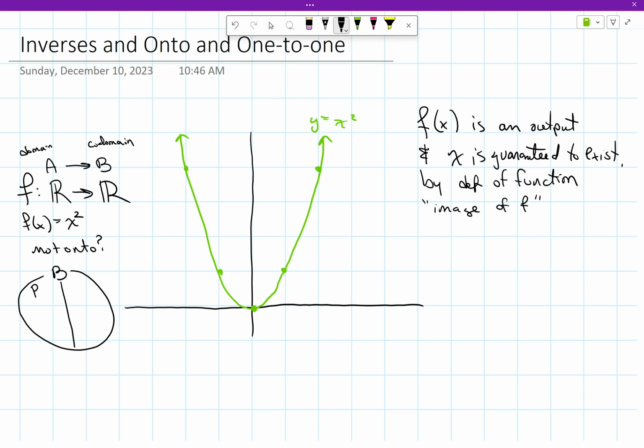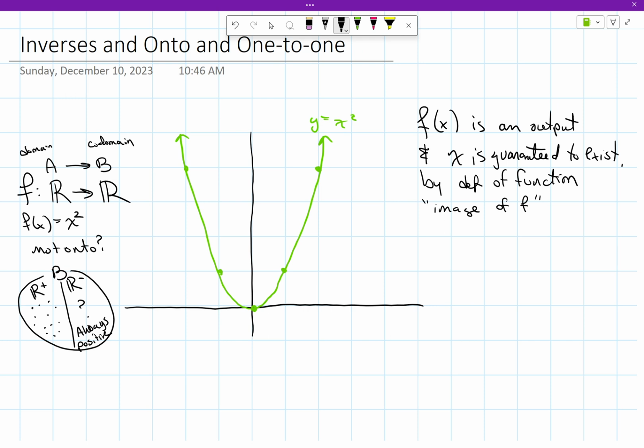We've got the reals that are positive and the reals that are negative, and nothing maps over there in the negatives. You can't get it, it's always positive. So B is too big. That's okay. I'm not worried about that.